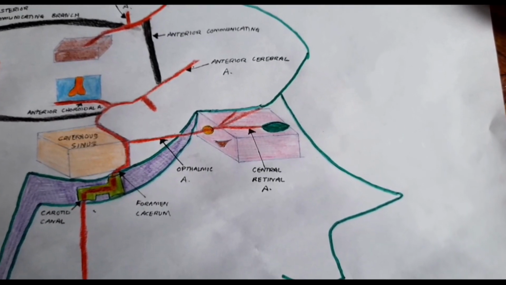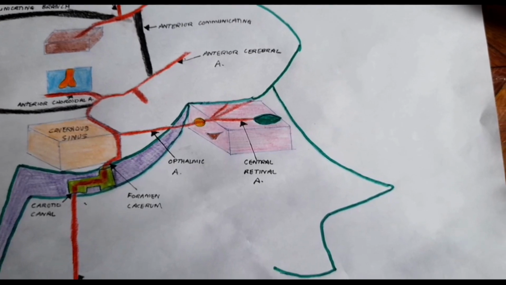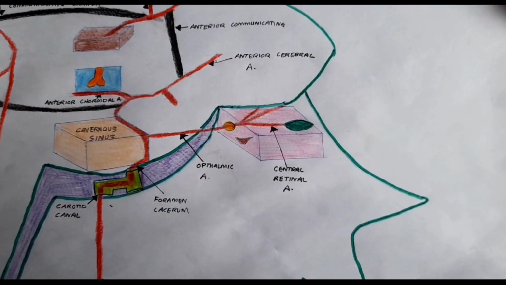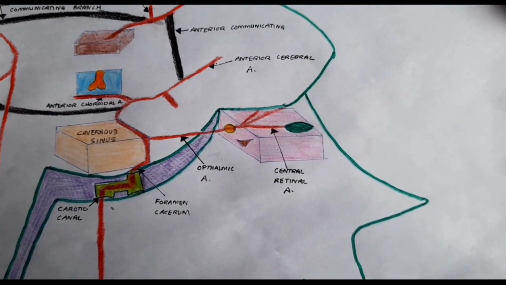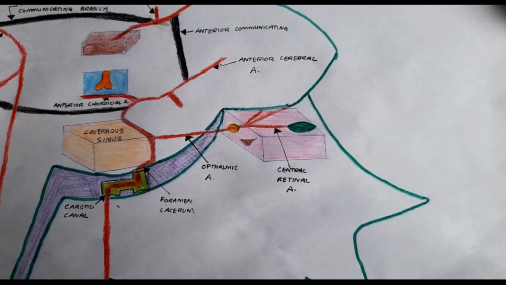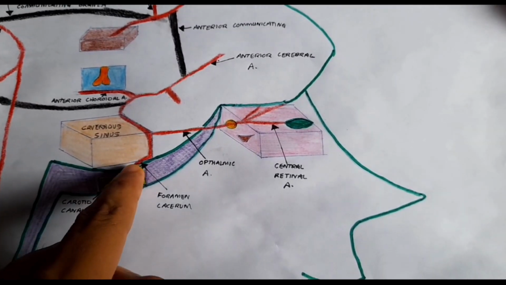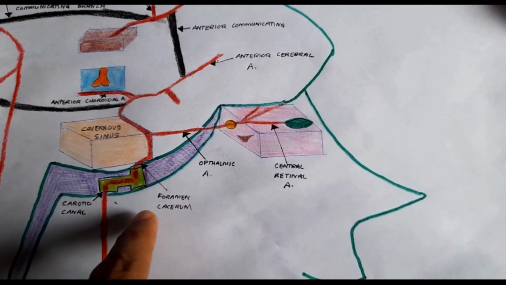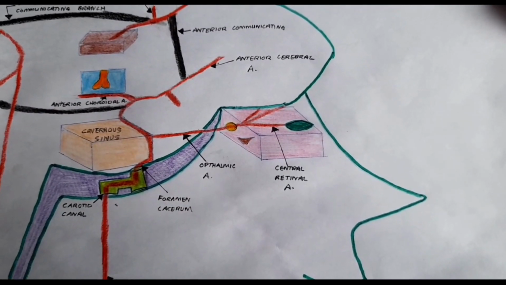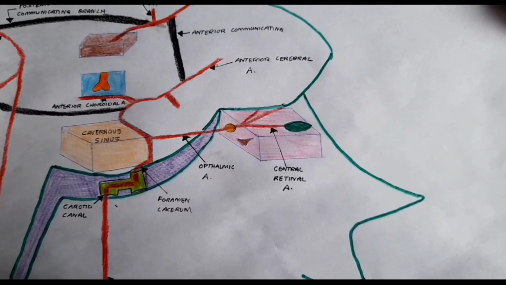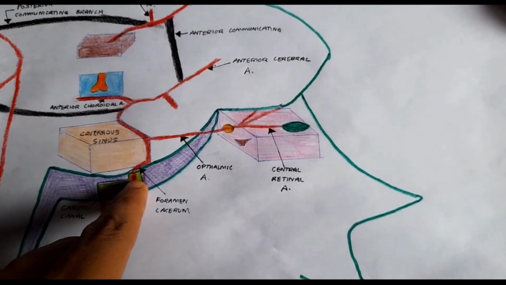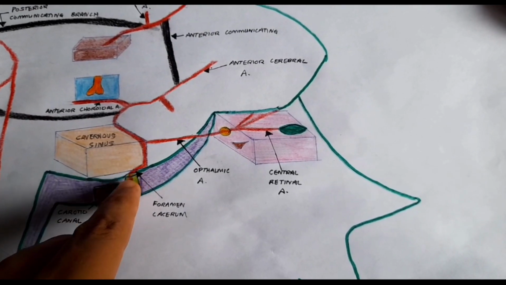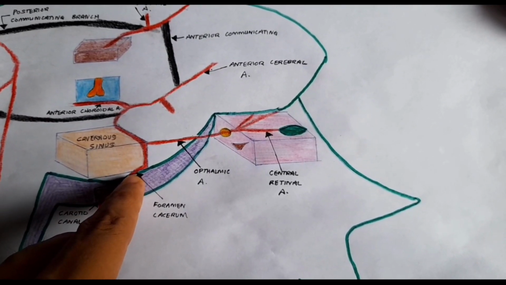When it turns and goes up, there will be one hole, the opening on the other side, which is known as the foramen lacerum. So this internal carotid artery enters through the carotid canal, goes in, turns, and then moves out through this foramen lacerum.